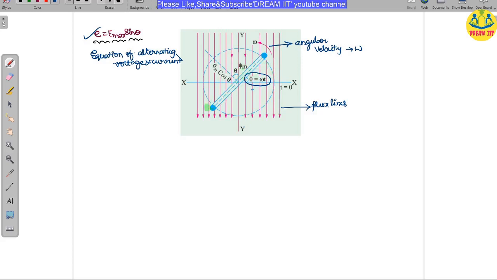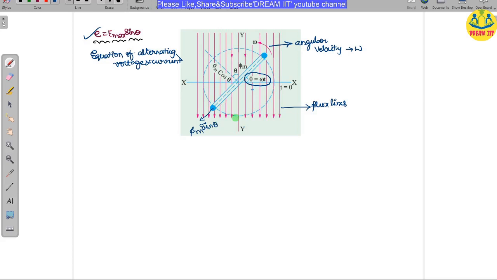If you observe here, the conductor has two components, one horizontal and another vertical. Here I am highlighting the vertical component, phi max sin theta.